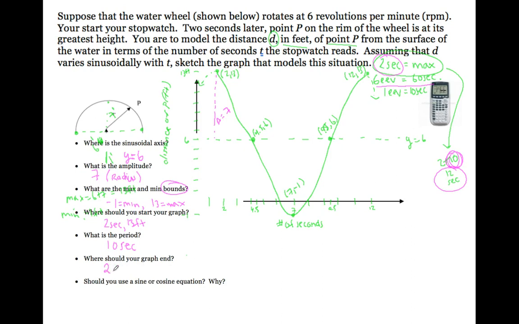Well, 2 plus 10, so at 12 seconds. Should this, based off of what I have drawn, be sine or cosine? I'm going to make it a cosine, and obviously your answers can vary for that, but based off of the information you're giving it, we want it to be cosine. Why? The reason that we want it to be cosine is it starts at the max. You're starting from a maximum.